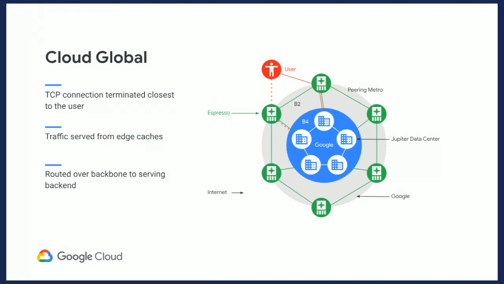Now, one of the things worth mentioning here is that in addition to the peering routers, we also deploy network load balancers and layer 7 reverse proxies at the edge of our network. What that helps us do is terminate the end user's TCP or SSL connection closest to the end user. As you know, establishing an HTTPS connection requires 2 network round trips between the client and the server.